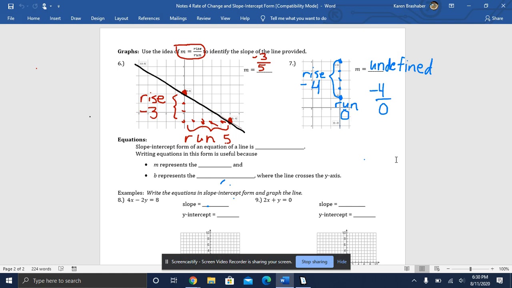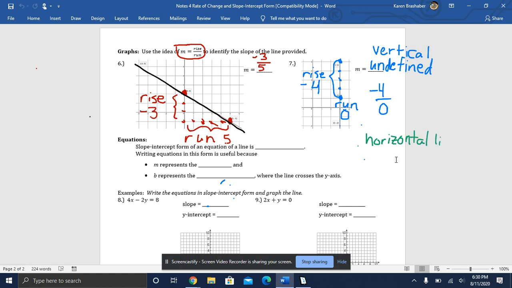And what you're going to find out is that any vertical line has an undefined slope. So that line is vertical, its slope is undefined. And I'm not going to do an example, but I will tell you that if you have a horizontal line, then its slope will always be 0.